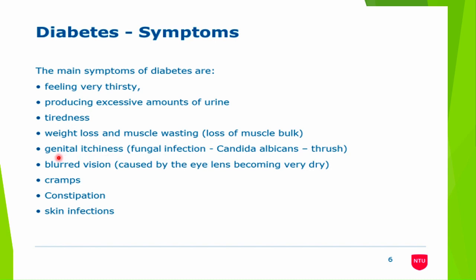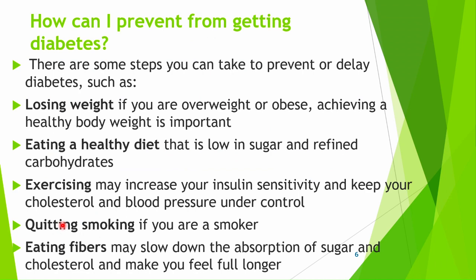There is genital itchiness and fungal infection, candida or thrush, mainly because of diabetes and the immune system. Blurred vision is caused by the eyelids becoming very dry. Other symptoms are cramps, abdominal pain, constipation, and skin infection.